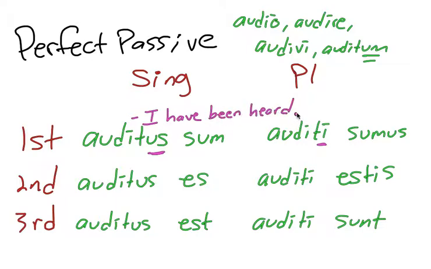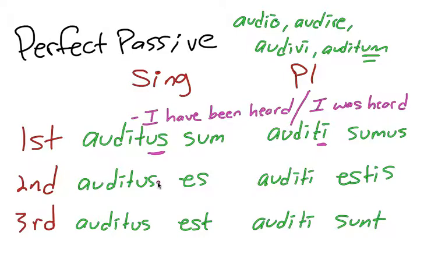Okay, so I have been heard, or we can make this simple past and say I was heard. Okay, so you can, just like the perfect active, make simple past, you can make the perfect passive simple past as well.